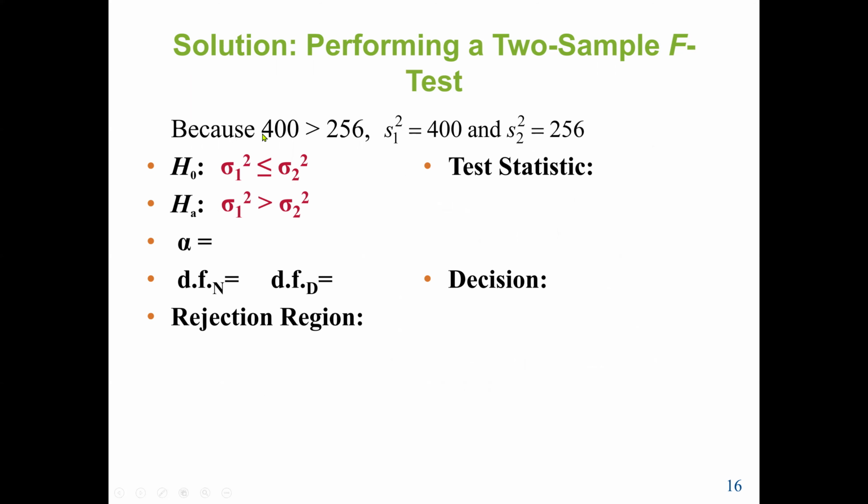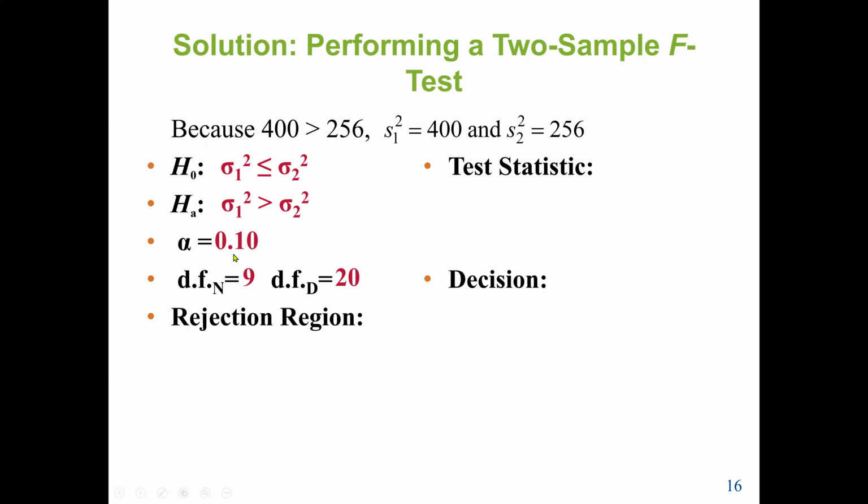So that's why we say the first population variance should be less than or equal to the second one, or the first one should be greater than the second one. So this is our test we want to do.